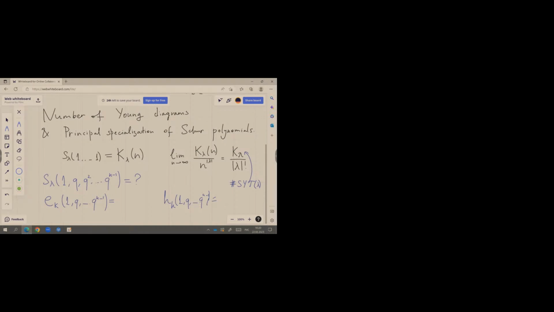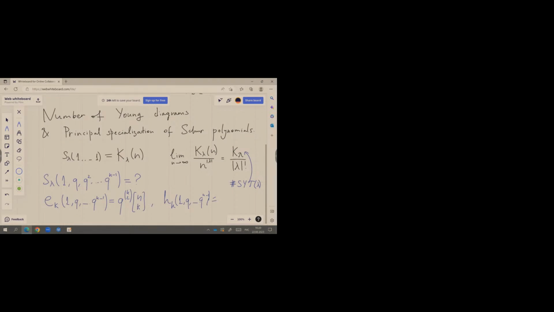So these are q binomial coefficients. And these are q binomial coefficients times something. So this is q to the power k choose 2 times the q binomial coefficient n choose k.